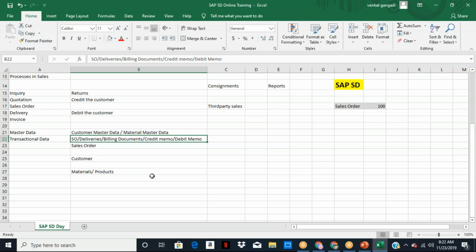So these are the two data elements, master data and transactional data, which are part of our SD module. It's not only for SD, even for any other module, master data and transactional data are the standard data elements which we have to understand in the coming sessions.